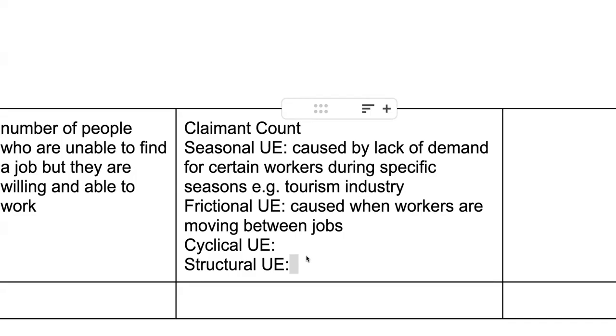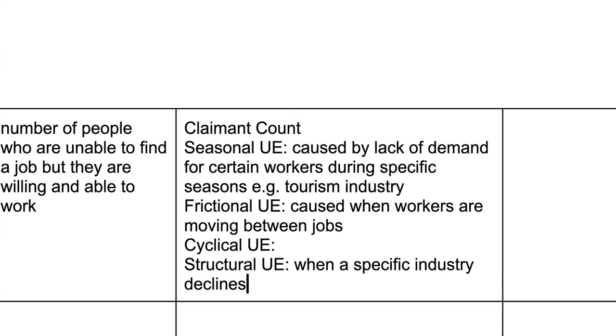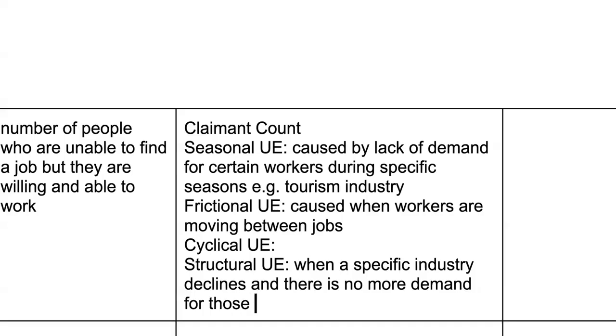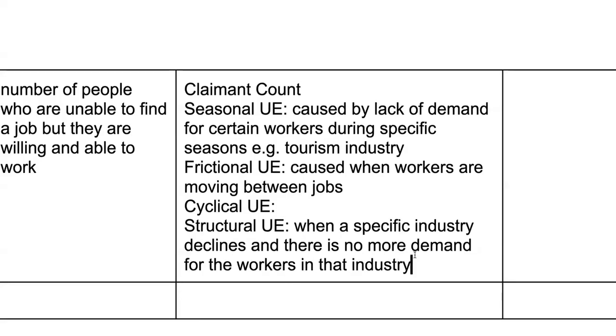That's one example. On a more generic level, structural unemployment happens when a specific industry declines and those workers lose their jobs, because there's no more demand for the workers in that industry.